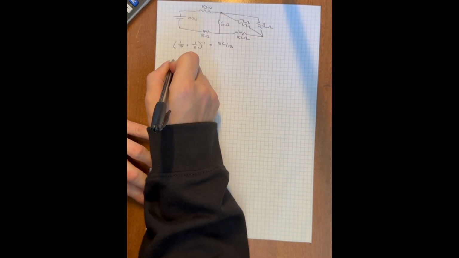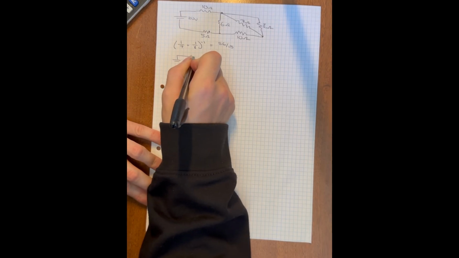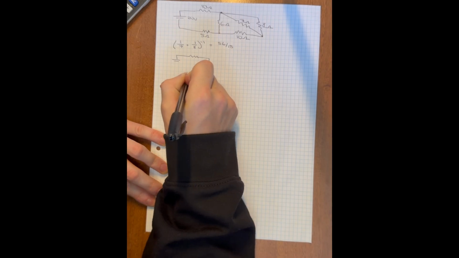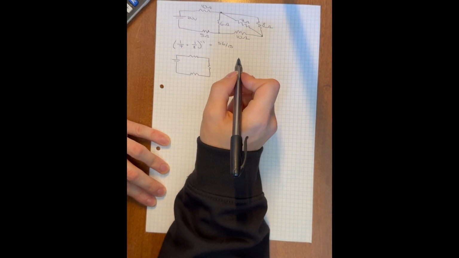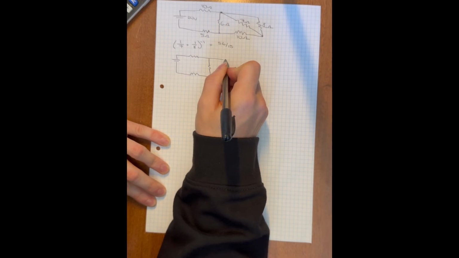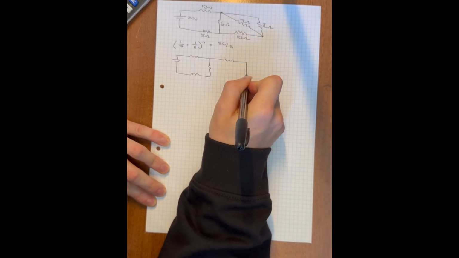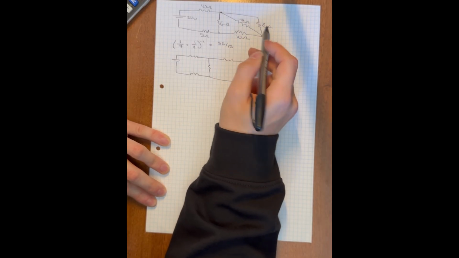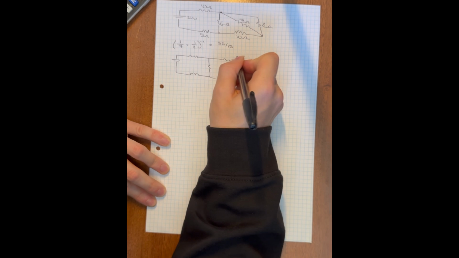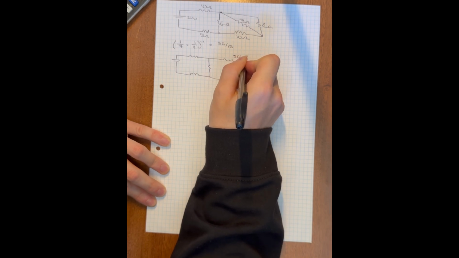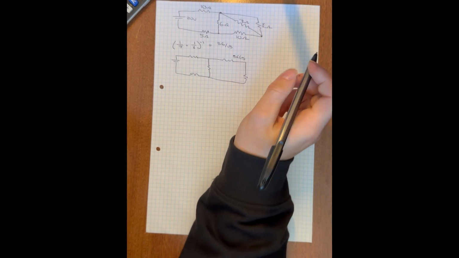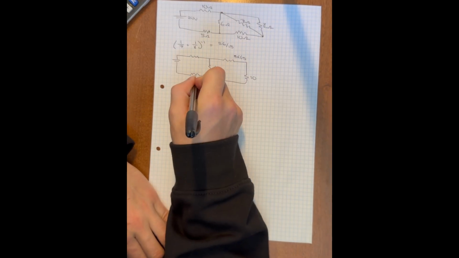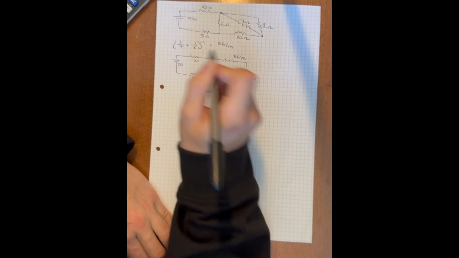So rewriting the circuit, we know that we just calculated this resistor, so that can just be here. So 56/15, and then this will be 10, this will be 6, 5, 10, 20 volts.